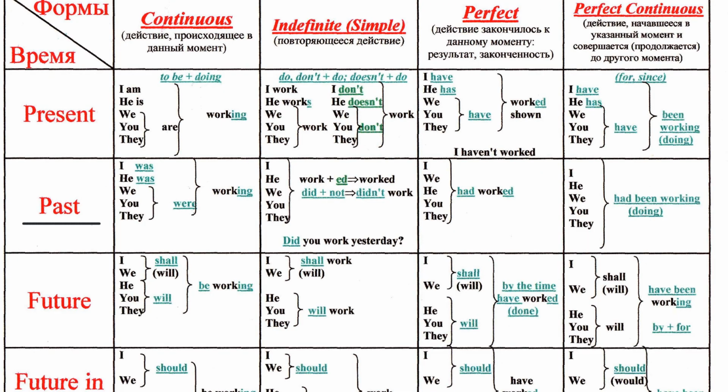So, at school, I started learning English. I learn English now. I will certainly learn it in the future. I have been studying English. The action started in the past, it happens now, and it will take place in the future.